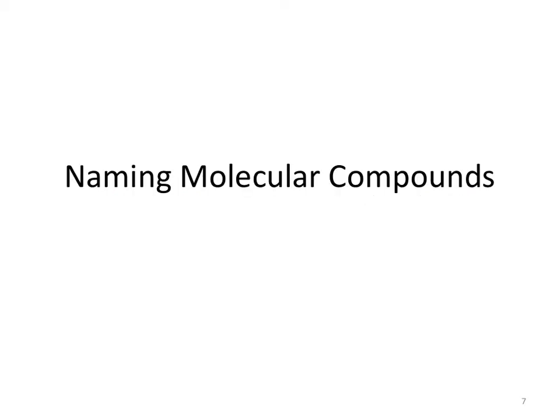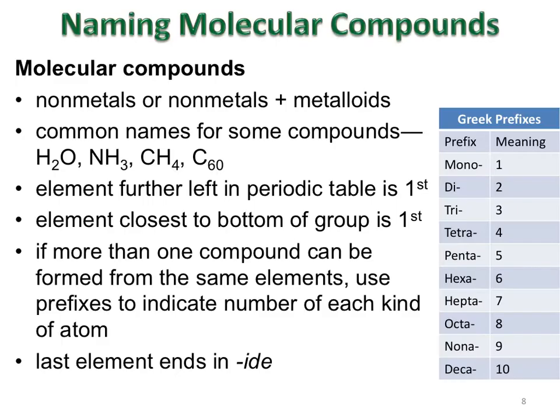Now we're off to naming these molecular compounds. Looking at naming of molecular compounds, to let you know, molecular compounds are nonmetals bonded with nonmetals or nonmetals bonded with metalloids. Metals are not involved in most molecular compounds. Some compounds have common names. For example, H2O over here is just simply water.